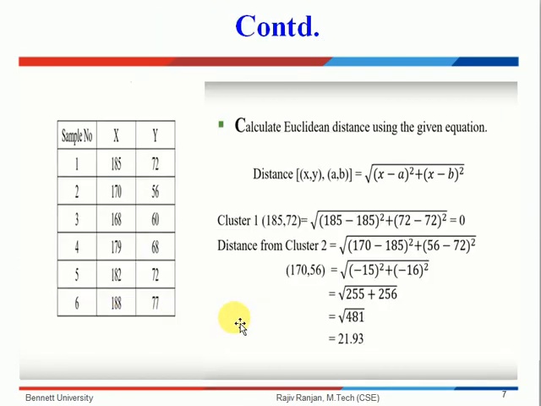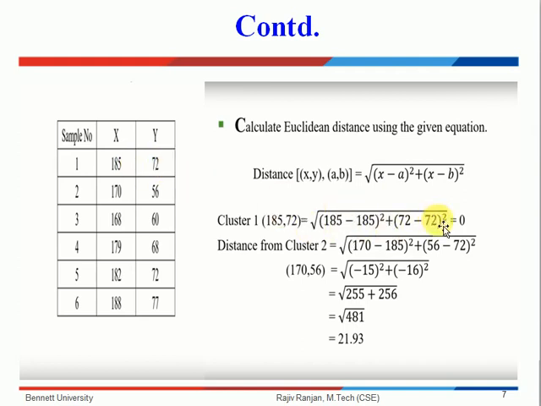So let's start the computations. This is our data, and first we have to calculate the distance from cluster 1 to itself. The distance of (185, 72) to itself: the value of x will be 185 and the value of a will be again 185, because we are calculating the distance to itself, right?